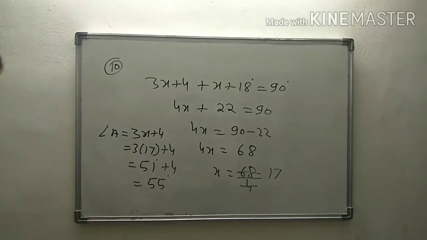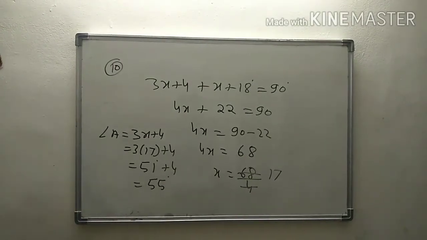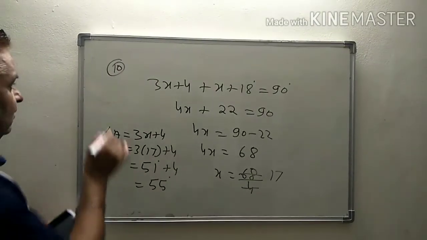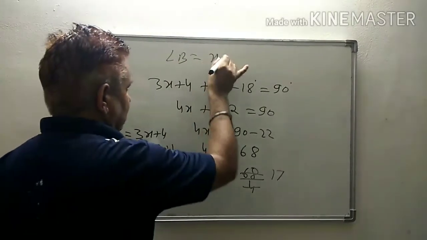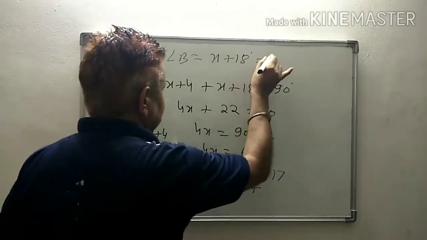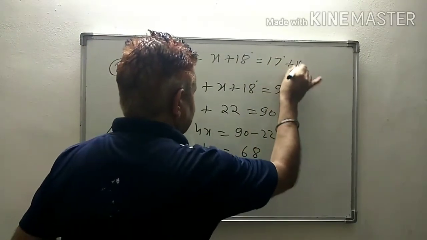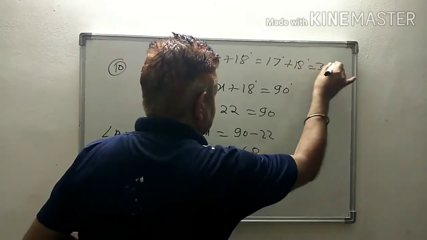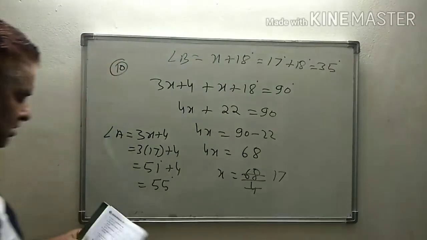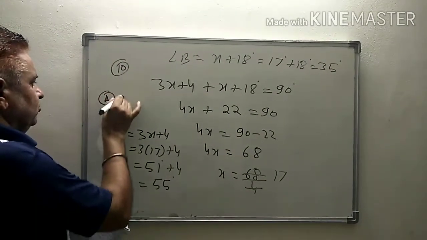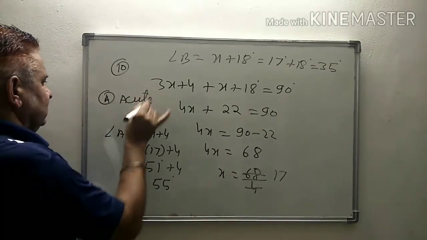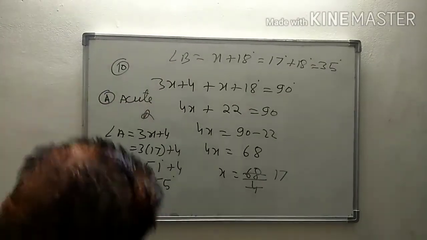This is an acute angle. And angle B, what about angle B? Angle B is x plus 18, 17 plus 18, this is 35, also acute. So the answer is A, acute, right? This is your right answer.